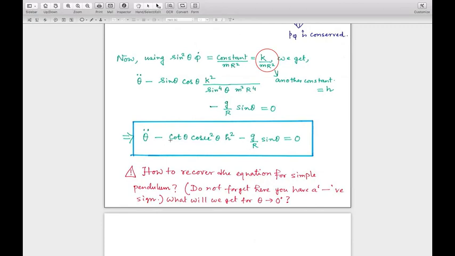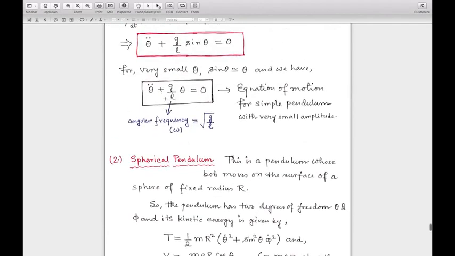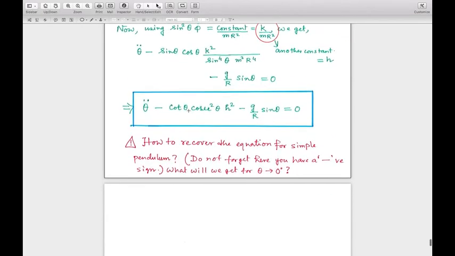Even if you forget this term, you will have theta double dot minus g by r sine theta, whereas for the simple pendulum you had theta double dot plus something theta. Can you reconcile those two, or are they different things? The question is whether the simple pendulum equation can be recovered from that. If yes, why? If not, why?